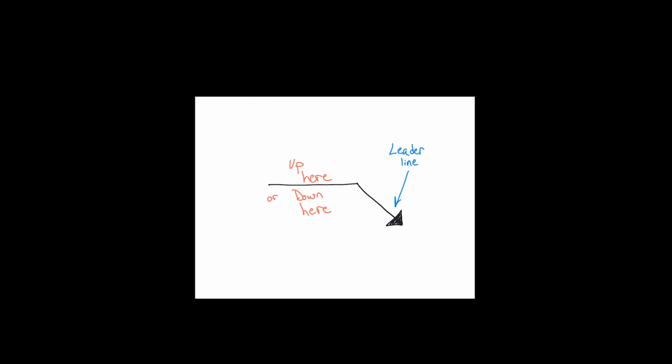This is what's called a leader line. So wherever you see a leader line pointing to something, you want to make sure to follow it all the way back to where it originates to find out what sort of notes or information pertains to the area that it's pointing to. And in this case, the leader line originates from the reference line.